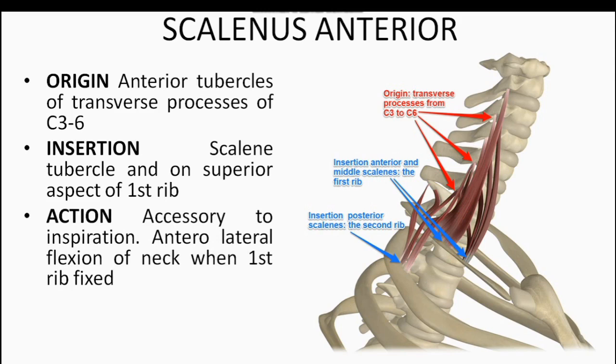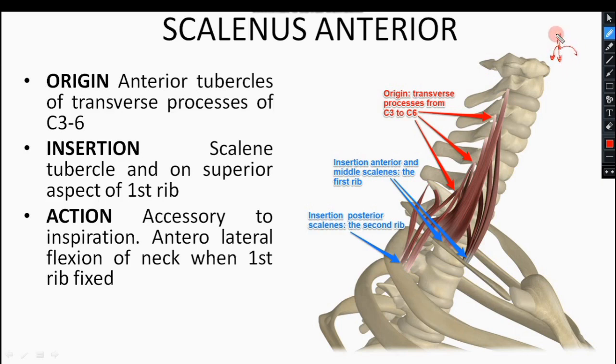Now the action is to, let me draw this to show you the action. What is anterolateral flexion? See, the flexion in this direction is an anterior flexion. Clear? And the flexion in this direction is the lateral flexion, and if it is in this direction, then it is known as anterolateral.